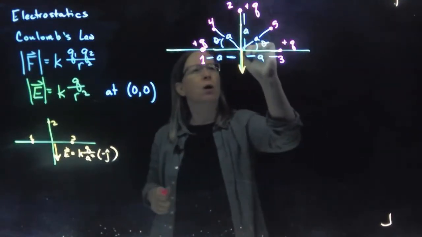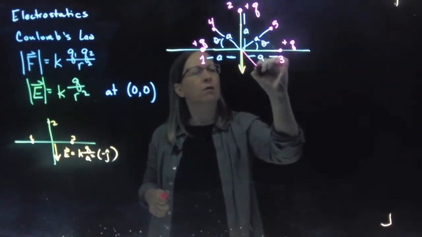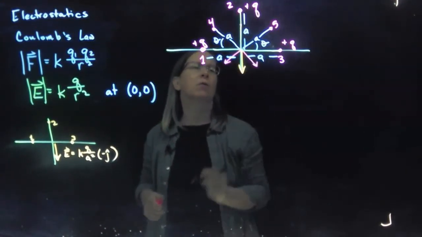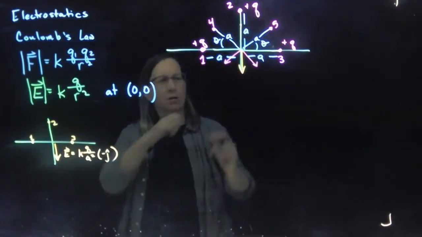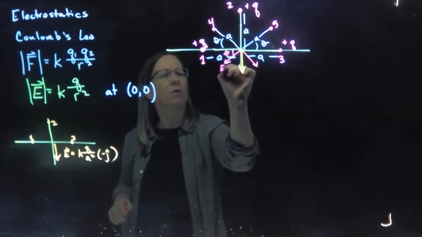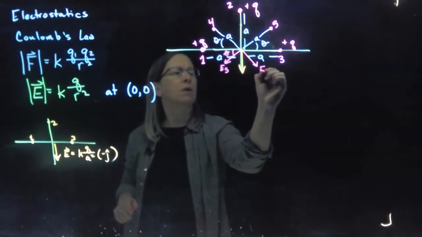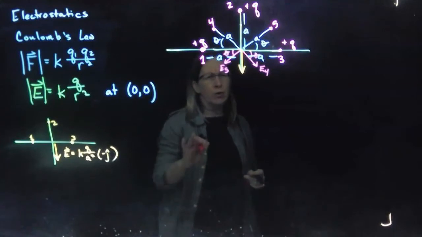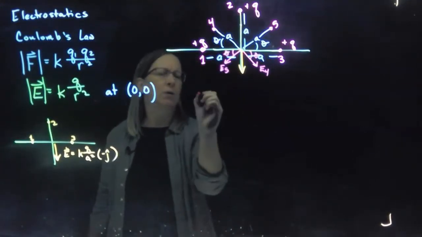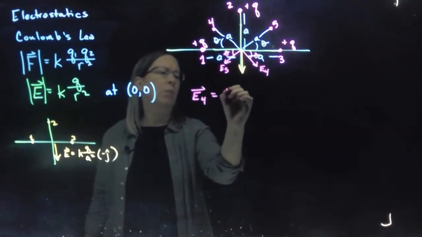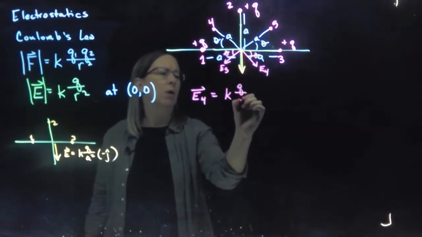So 4 takes us along this direction, right? And 5 takes us along this direction, okay? And so this is the angle theta. This is E5. And this is E4. And notice that E4 would be KQ over A squared.